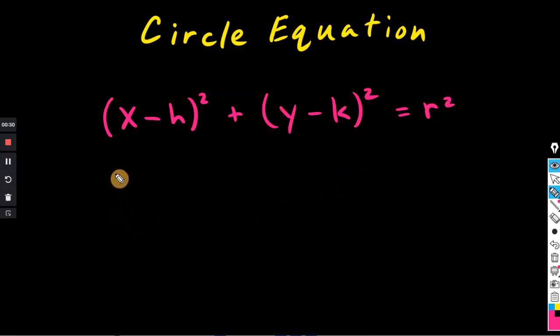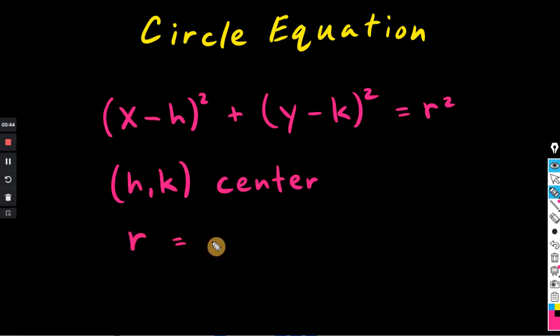All right, and h, comma k are the coordinates for the center of the circle, and r is the radius of the circle, or you can say the length of the radius. And that's all you need to know for this exercise.